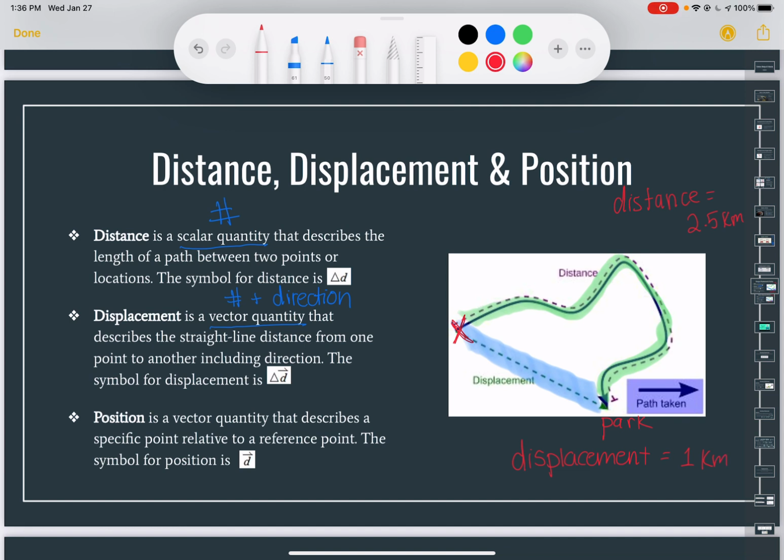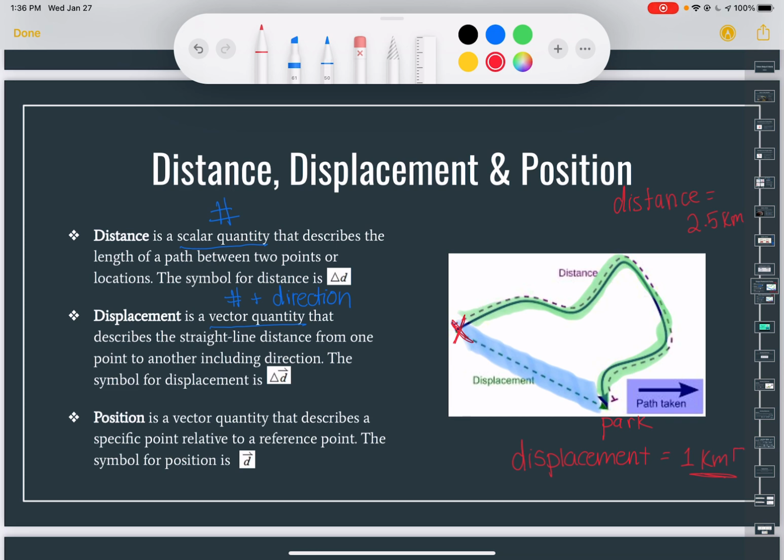Right? So if we said how far from our house the park is, it really is 1 kilometer, right? And that's sort of like how far it is, that direct point. So how far is it from where you started? That's your displacement. And our displacement is going to have a direction. So in this case, we are going down.